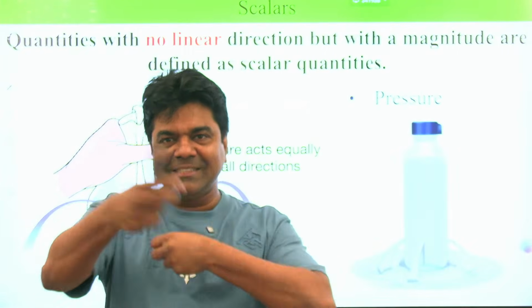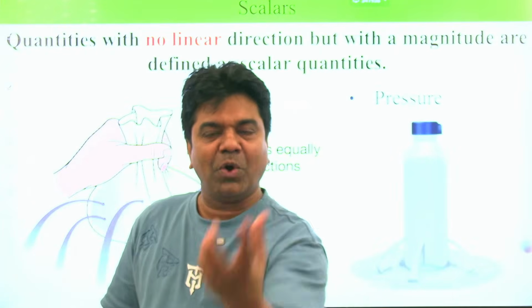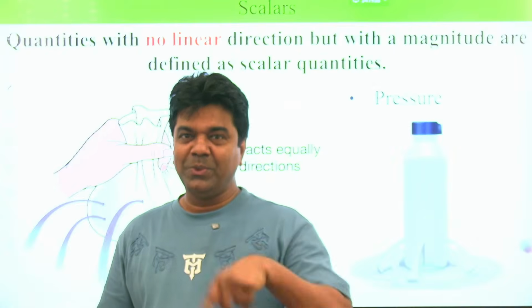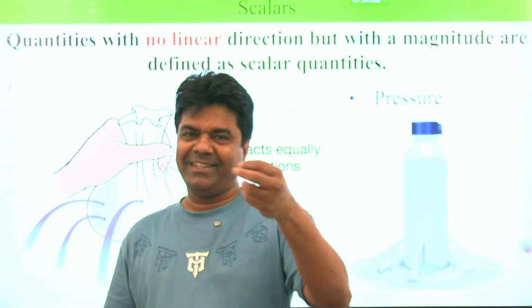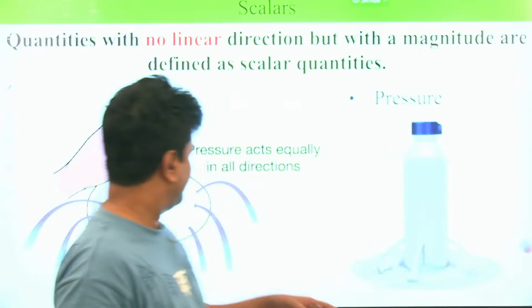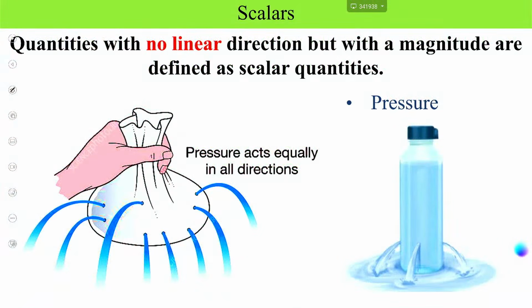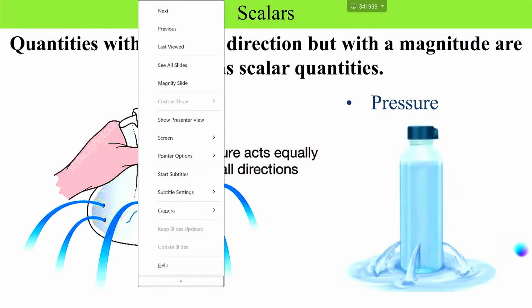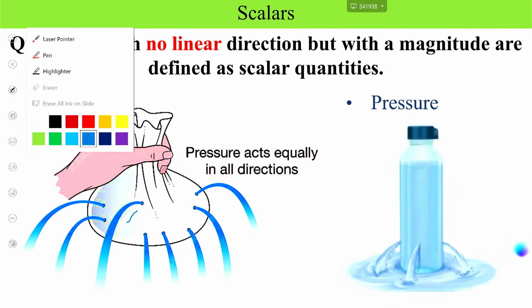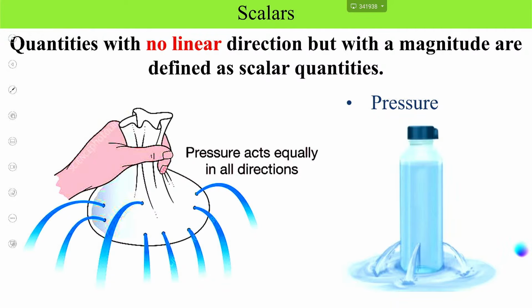These holes eject water out. It comes out in all directions. It is coming out to every side, so we can't say which side it is acting on properly.